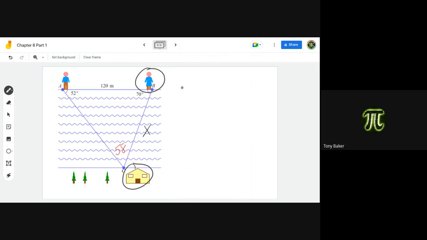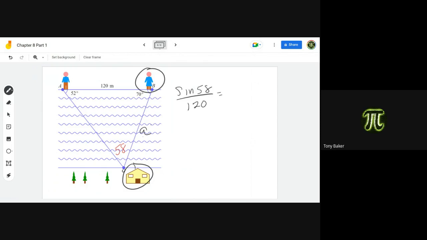Remember, it's always the angle opposite the side. And we're looking for the distance from Carmen to the house, which is actually side A. We're looking for this right here.